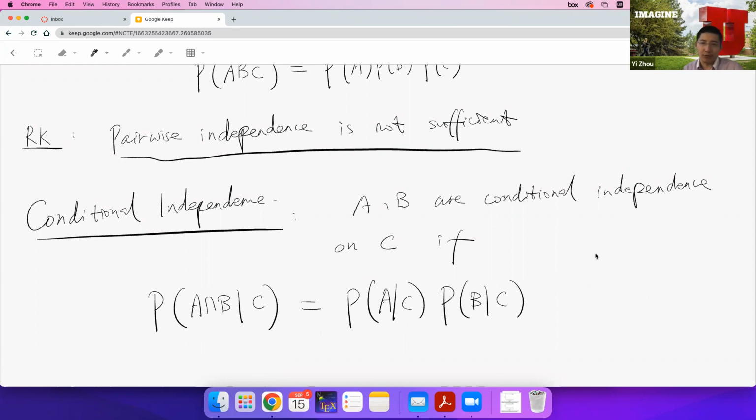You can view this as follows: we know that the conditional probability is a proper probability law, as we proved earlier. So conditional independence basically means that under such a probability law, we can still talk about independence between any two events. The only thing that we changed is the probability law.